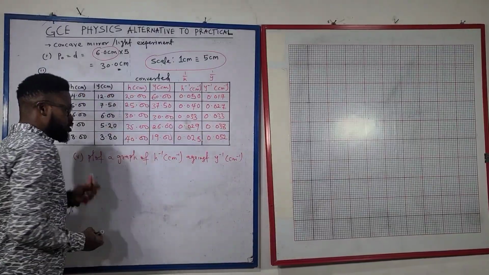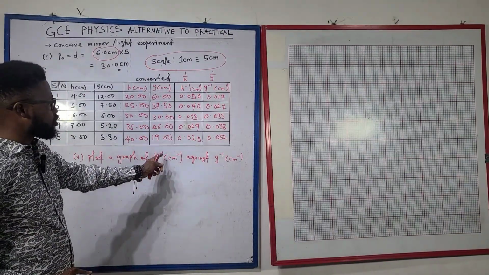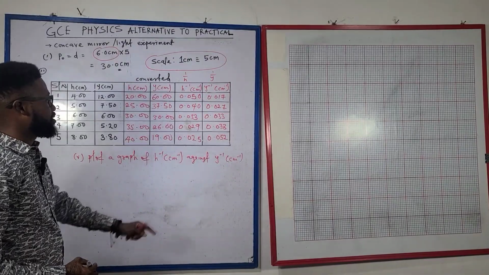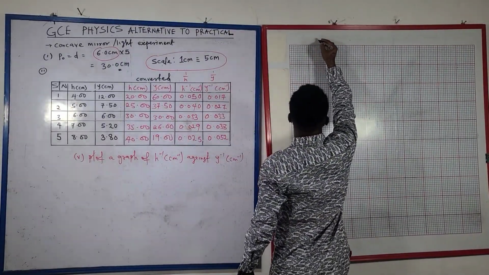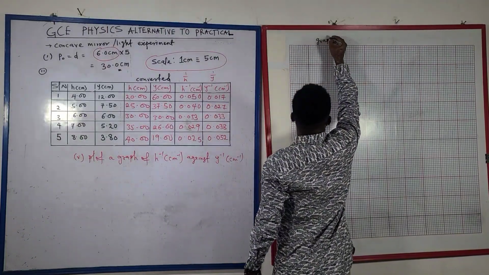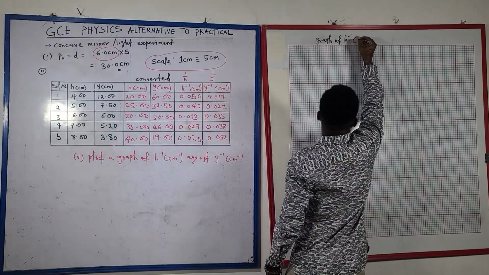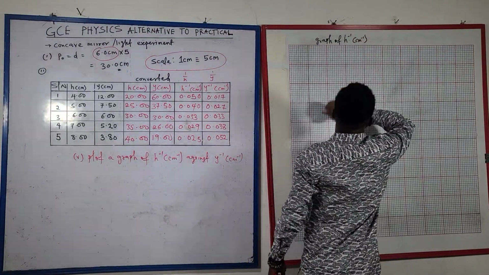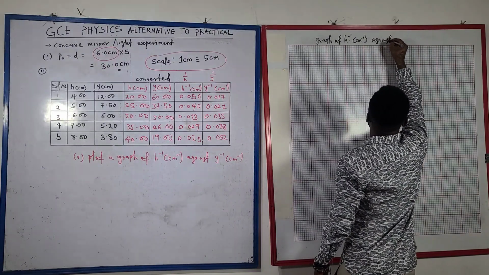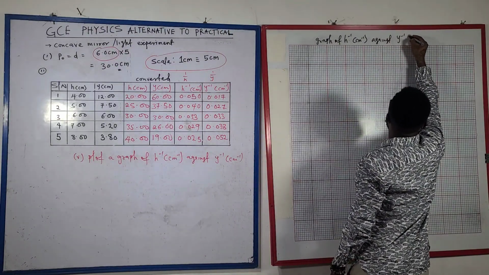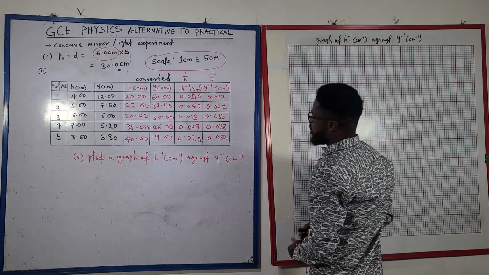The fifth question talks about plotting a graph of h raised to power minus 1 against y raised to power minus 1. So the first thing we do is to write our title: graph of h raised to power minus 1 in per centimeter against y raised to power minus 1 also in per centimeters.